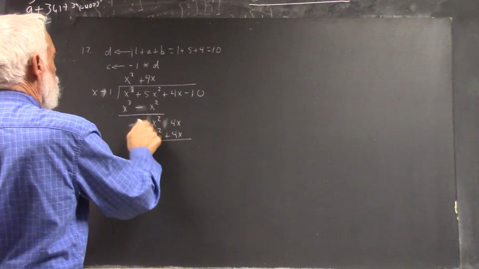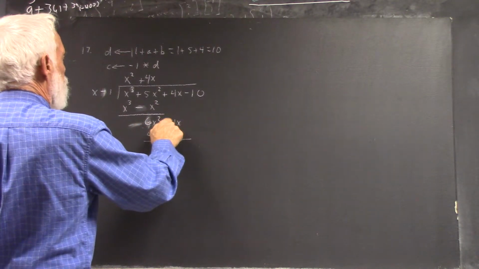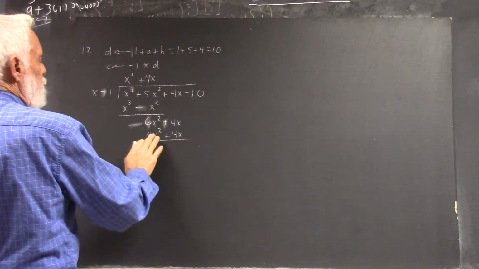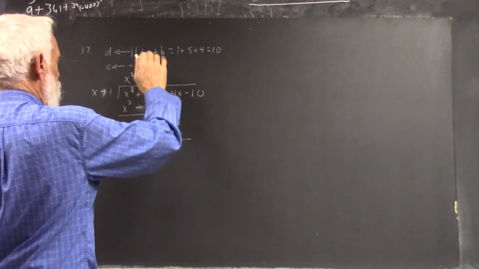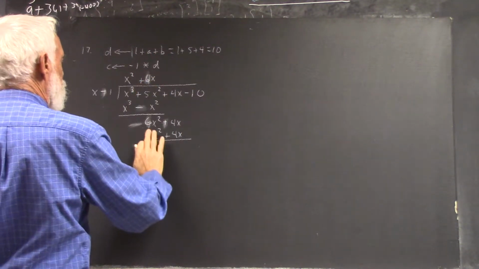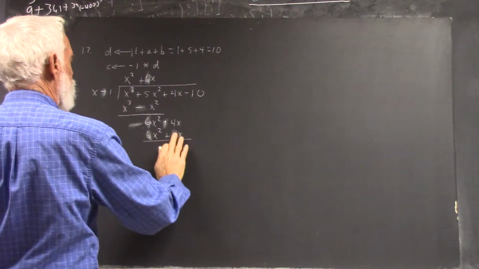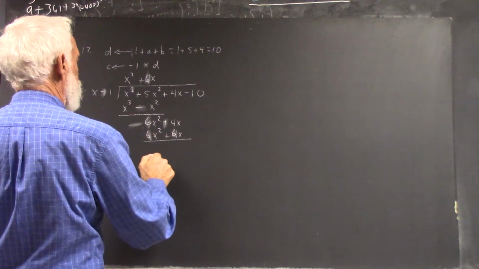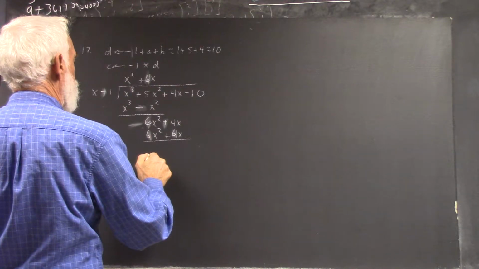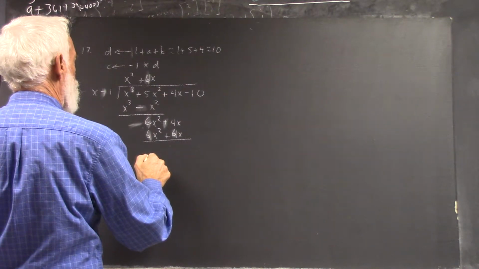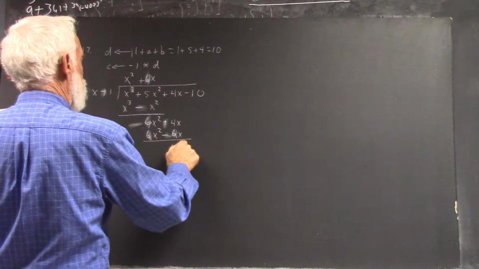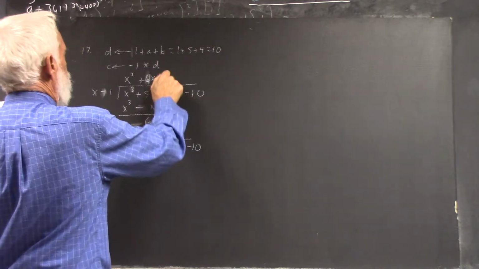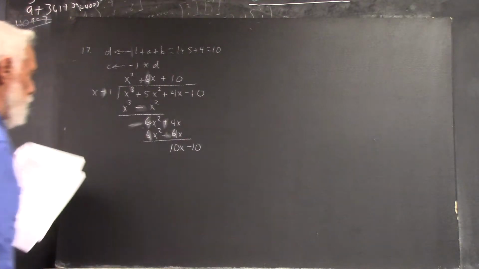So it's going to be 6x squared plus 4x. And then 4x times, it's got to be 6x here, which will give me 6x squared plus 6x minus 6x, which will give me 10x minus 10, and it'll be plus 10.